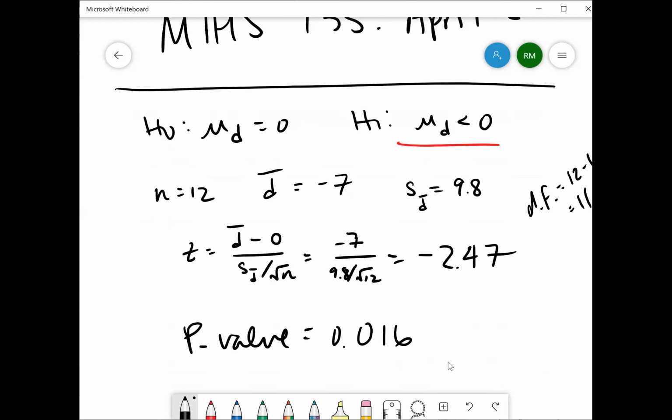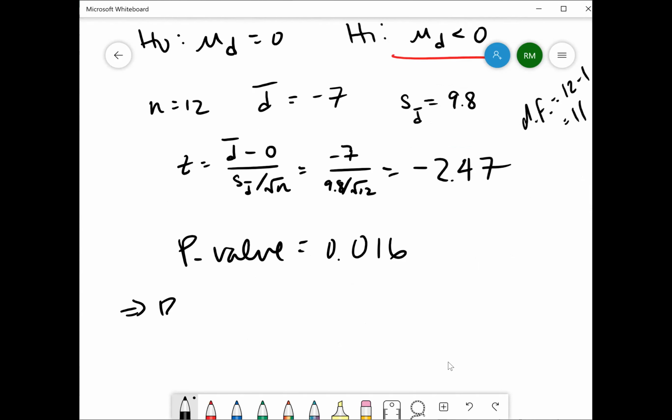A p-value of 0.016. That's very small. So what this is going to lead us to do is we're going to reject H0 and accept the alternate hypothesis.